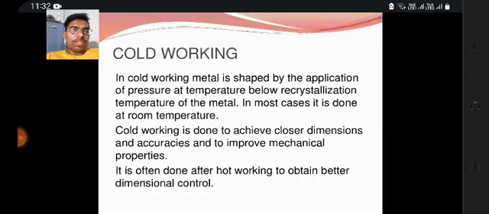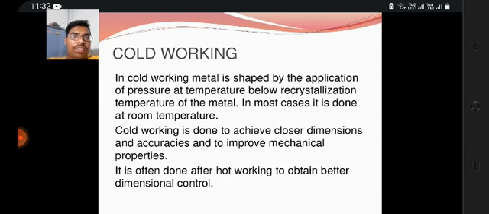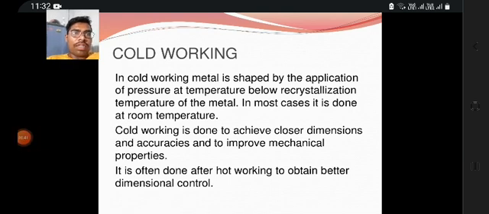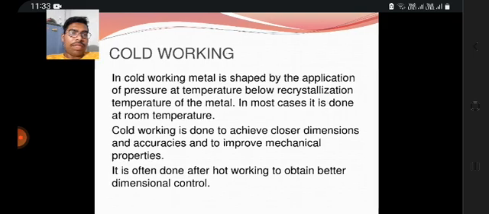Next comes cold working. In cold working, metal is shaped by application of pressure at a temperature below the recrystallization temperature of the metal. In most cases it is done at room temperature. Cold working is done to achieve closer dimensions and accuracies and to improve mechanical properties. It is often done after hot working to obtain better dimensional control.